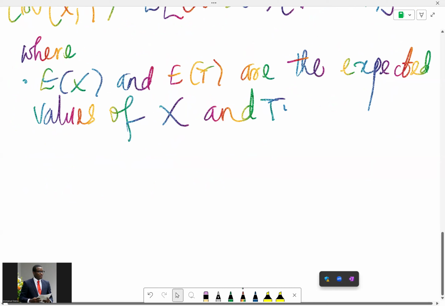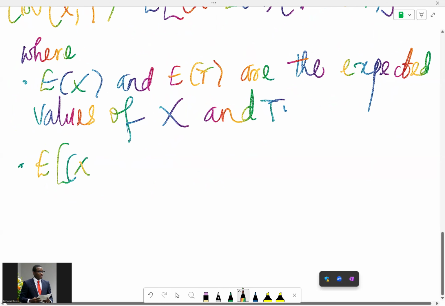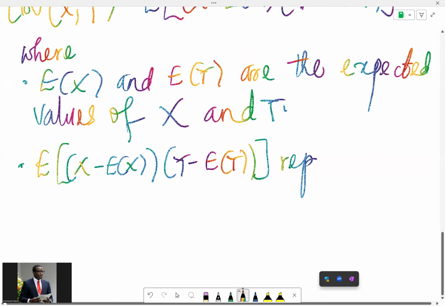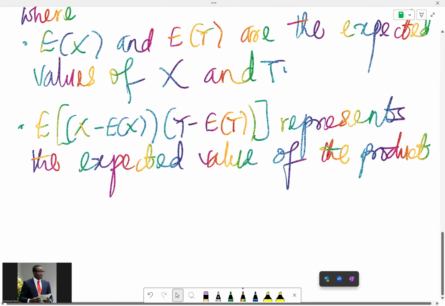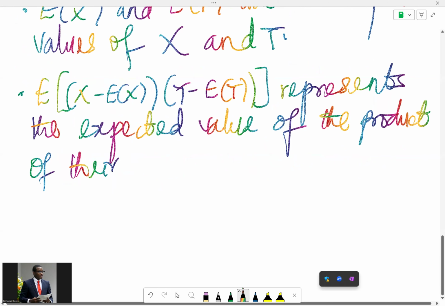And the expectation of (x minus expectation of x) times (y minus expectation of y) represents the expected value of the product of their deviations from the mean.